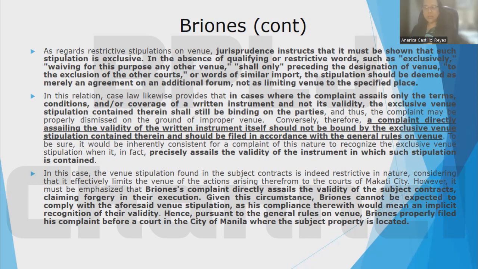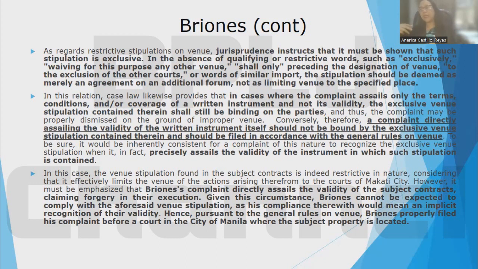Given this circumstance, he cannot be expected to comply with the venue stipulation, as it would mean an implicit recognition of their validity. Hence, pursuant to the general rules on venue, Briones properly filed his complaint before the court in the city of Manila where the property is located.